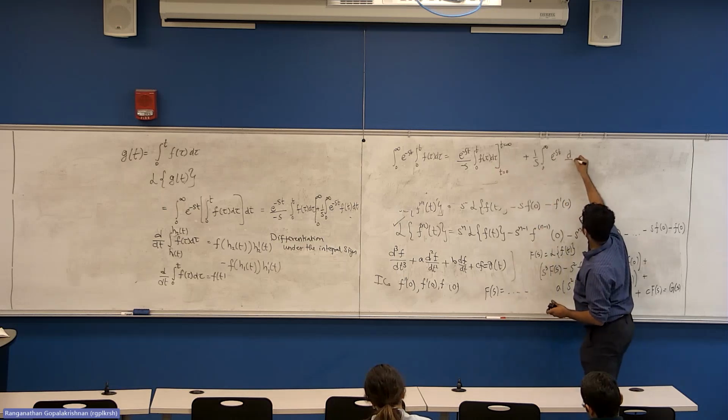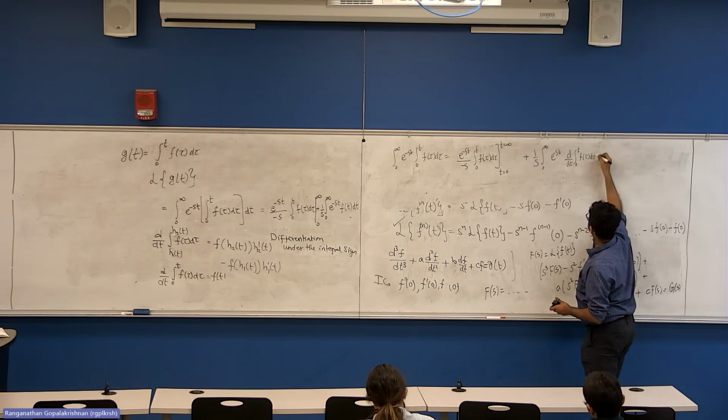So I'll write d over dt of the integral from 0 to t of f of tau d tau.